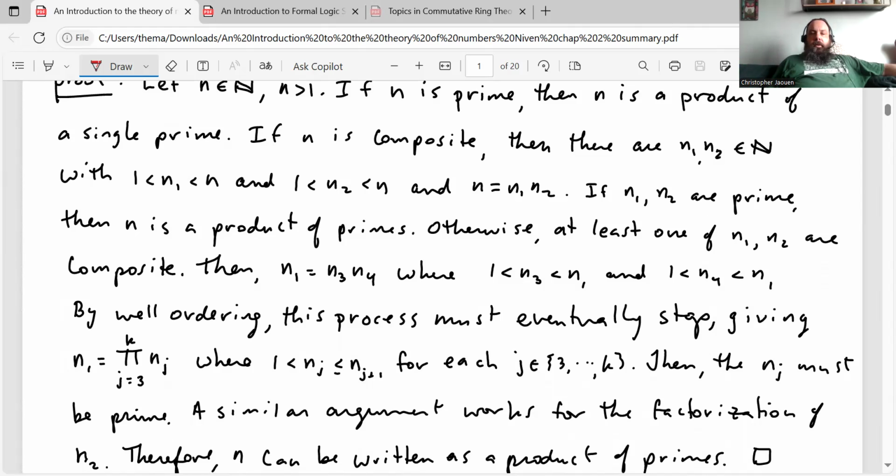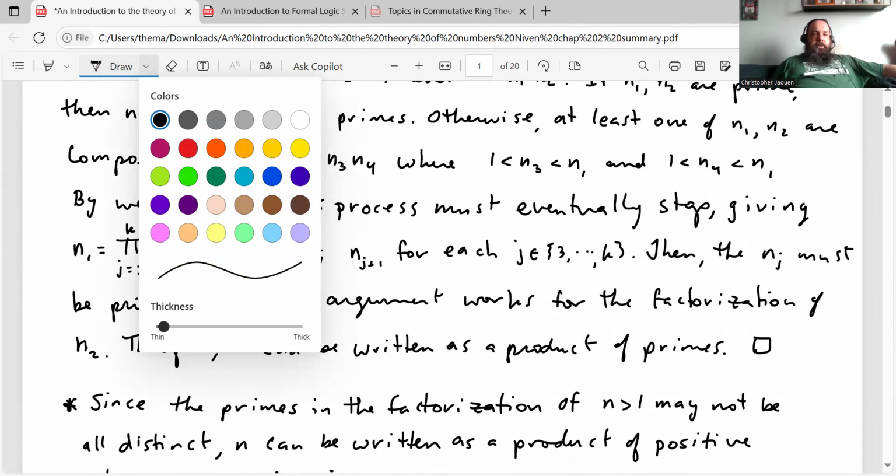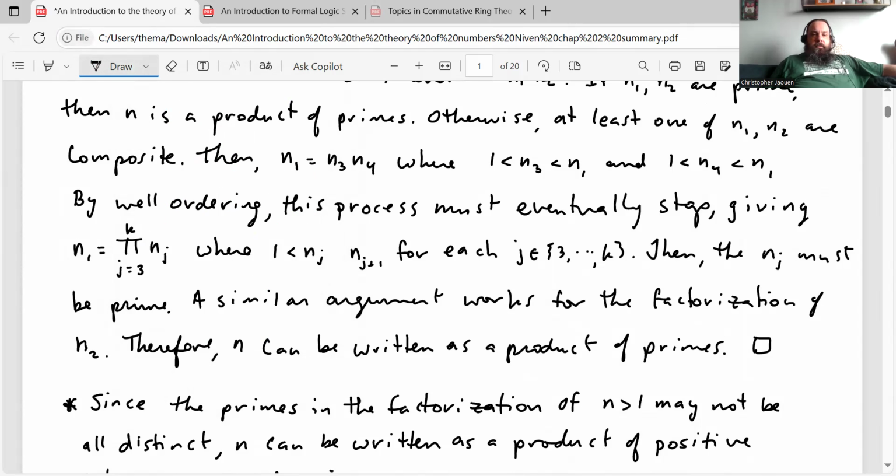By well ordering, this process must eventually stop, given that n1 is equal to a product of nj, where j goes from 3 to k. Sorry, this should be strictly less than. Oh no, actually, sorry, the primes can be repeated, so this can be less than or equal.